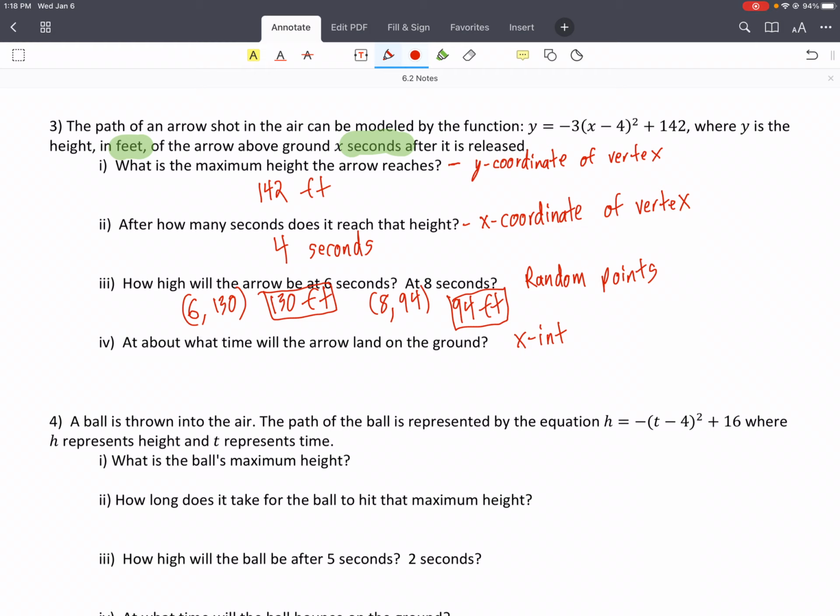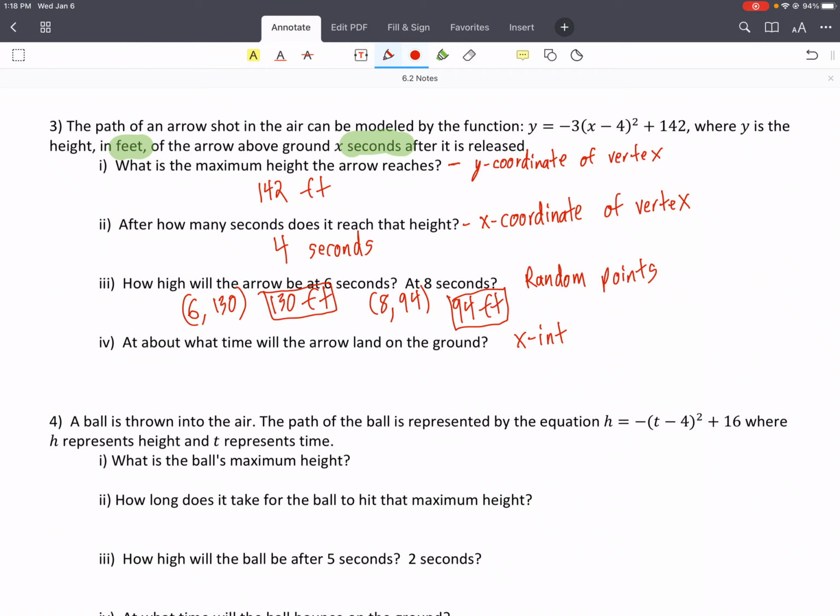At what time will the arrow land on the ground? That's the x-intercept. So if we look at our graph, there's like one that's to the left of the y-axis and one to the right of the y-axis. We need to find the one to the right. So we use zero, or if you're on your Casio calculator, you use the x-cal, and you just put in a value of y equals 0.